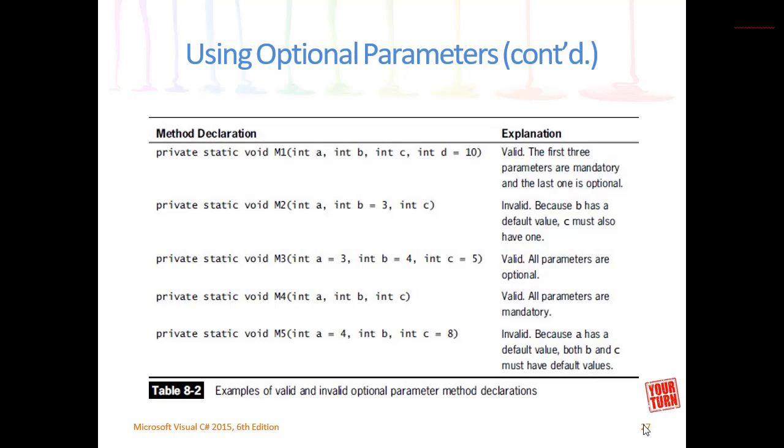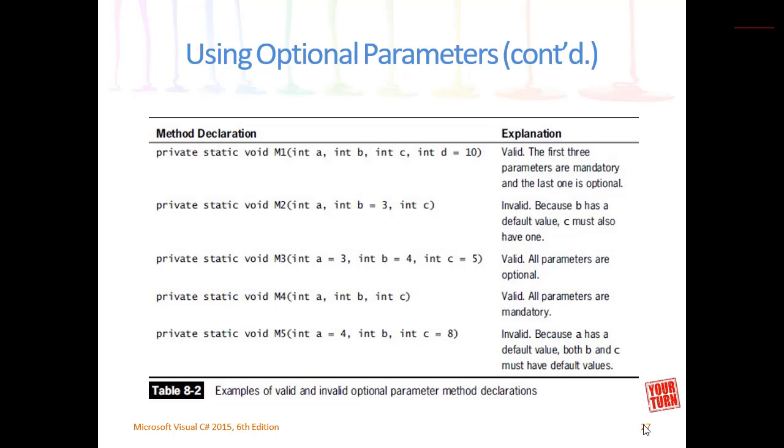But let's just go through this a little bit here. So let's see what is valid and what is invalid and why. If we have this declaration here, we have a bunch of mandatory or optional parameters here. A, B, and C. Optional or mandatory? Mandatory, okay? So we have the optional as the very last one.